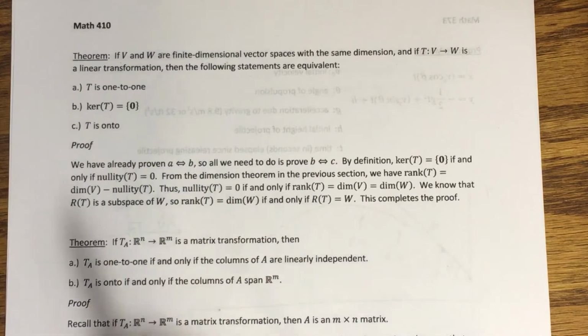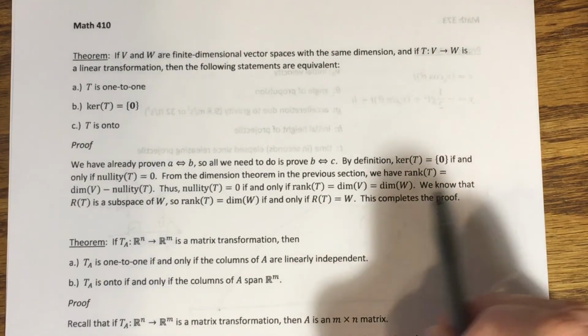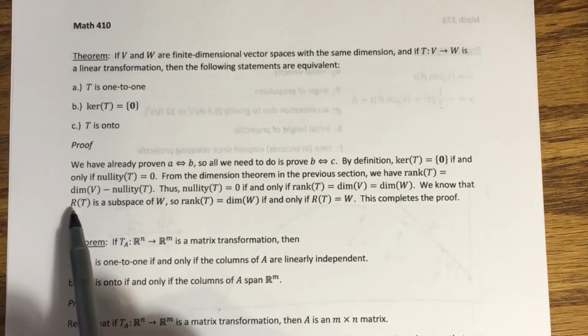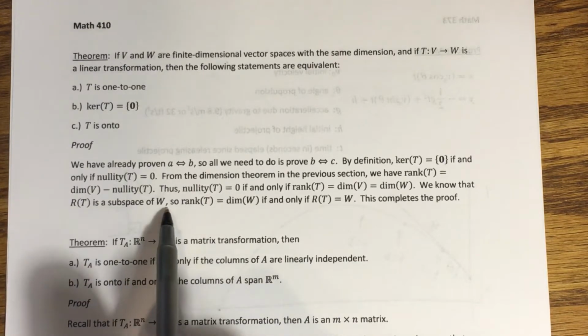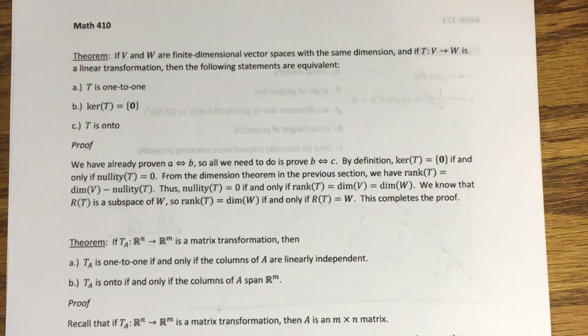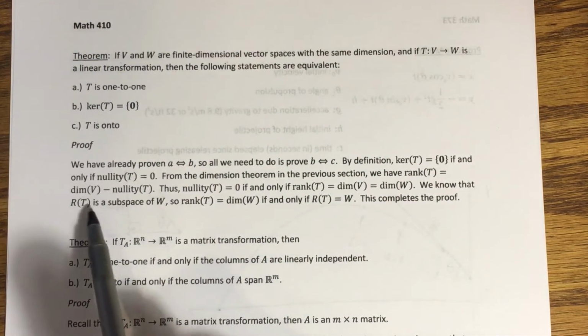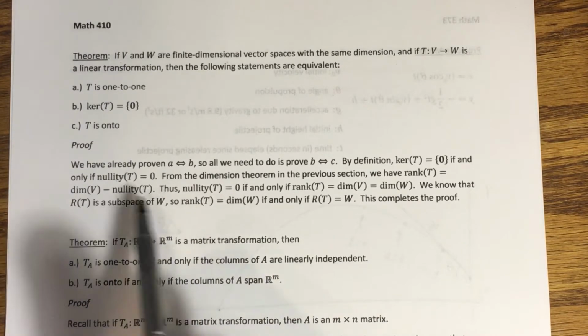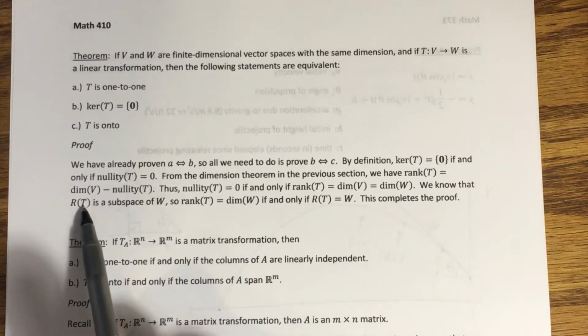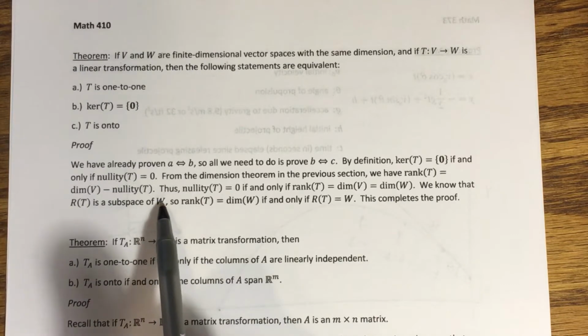Well, what is the rank of T? Remember, the rank of T is the dimension of the range of our linear transformation. And the range is a subspace of W. So this implies that the subspace range of T has the same dimension as W. Well, another thing that we showed back in chapter 4 is that if a subspace of a vector space has the same dimension as the vector space that it belongs to, then that subspace is the entire vector space.